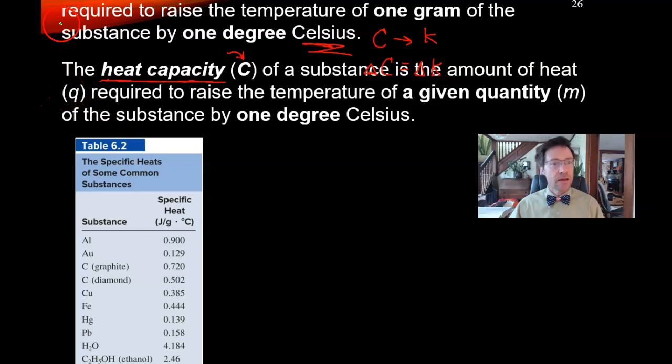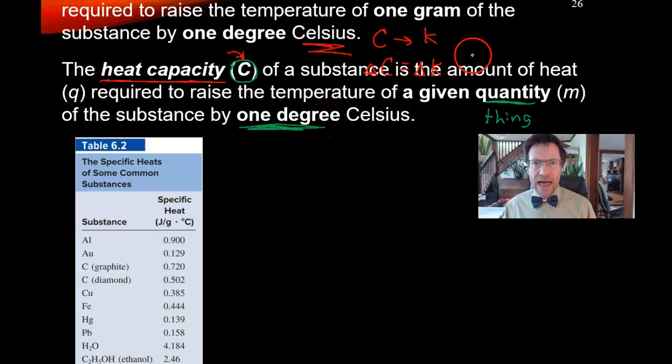Heat capacity. As I was saying, heat capacity of a substance is the amount of heat that is required to raise the temperature of a given quantity of a substance by 1 degree Celsius. Now, here's the thing. This technical definition is of a given quantity, but this is usually a thing. A thing will usually have a heat capacity, like our calorimeter, which is the thing that measures heat change.